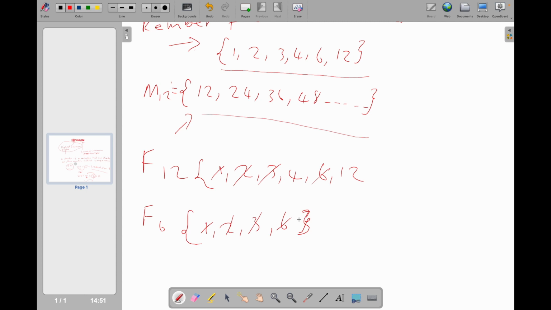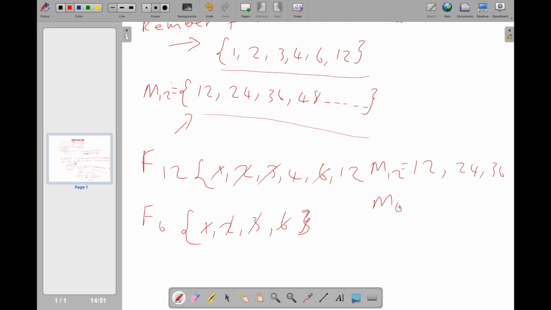Common means you can find them in 12, and you can find them in 6. So these are called common factors. And when you talk about multiples, we just do the same. We say multiples of 12: 12, 24, 36, going up.